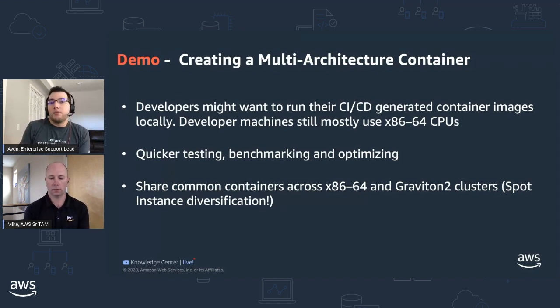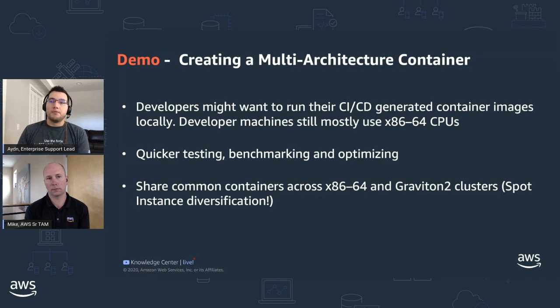It also makes sense to have multiple architectures for your containers because of the instance diversification. If you're leveraging launch templates in a fleet configuration, you can specify one x86 AMI and one for the ARM64 instances, and this gives you spot instance diversification opportunities.